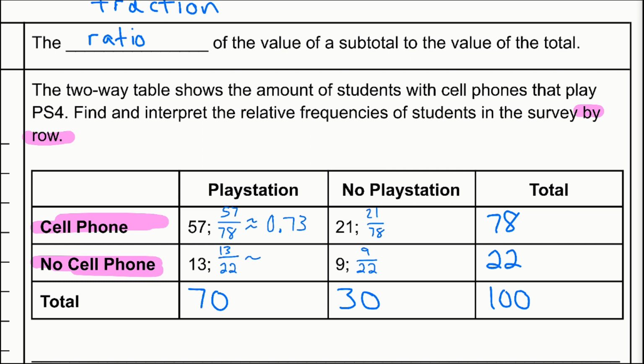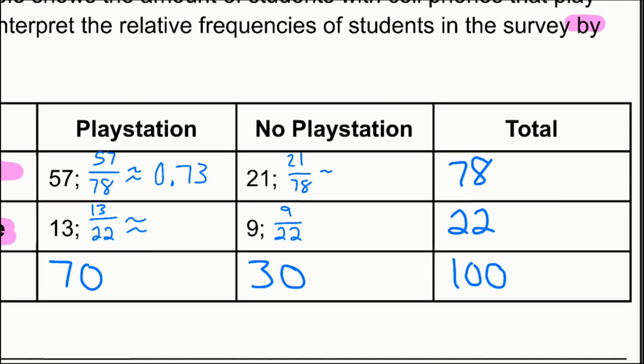Actually, no, I don't want to do that one next. I want to do this one next, because what should happen is your relative frequencies should equal 100%. So if I take that 21 out of 78, I get about 27 or 0.27.